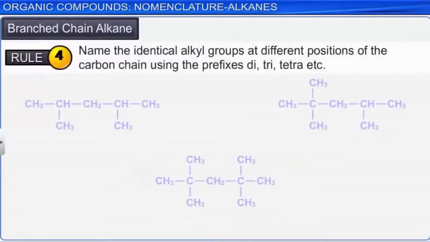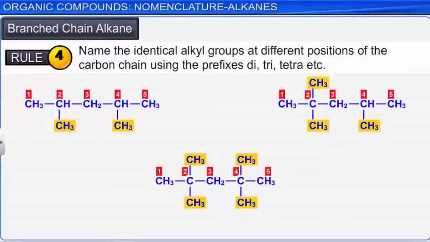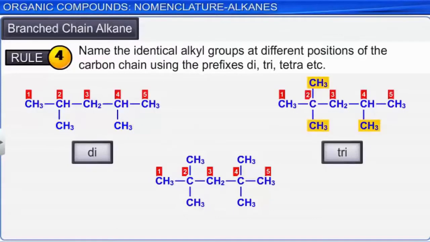Rule 4. Name the identical alkyl groups at different positions of the carbon chain using the prefixes di, tri, tetra, etc. If more than one identical alkyl group is present on the parent carbon chain at different positions, prefixes such as di for 2 identical alkyl groups, tri for 3, tetra for 4, etc., are used with the alkyl group.